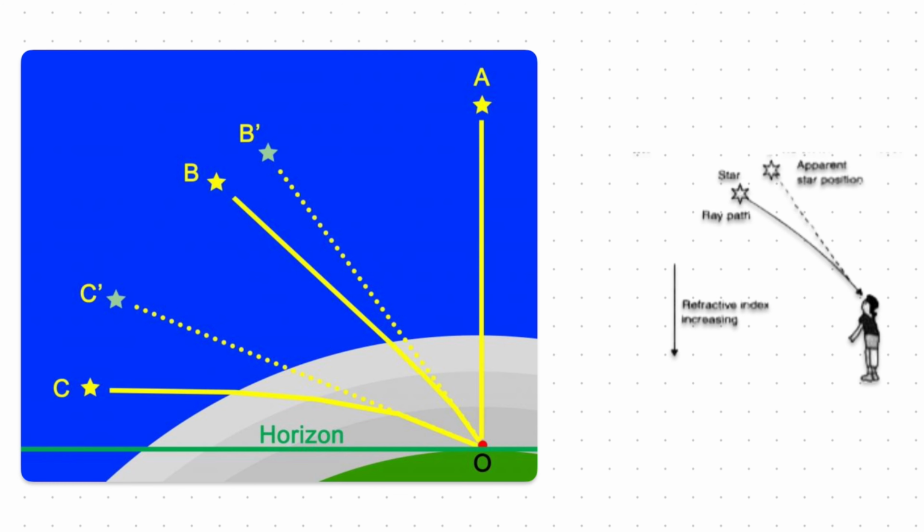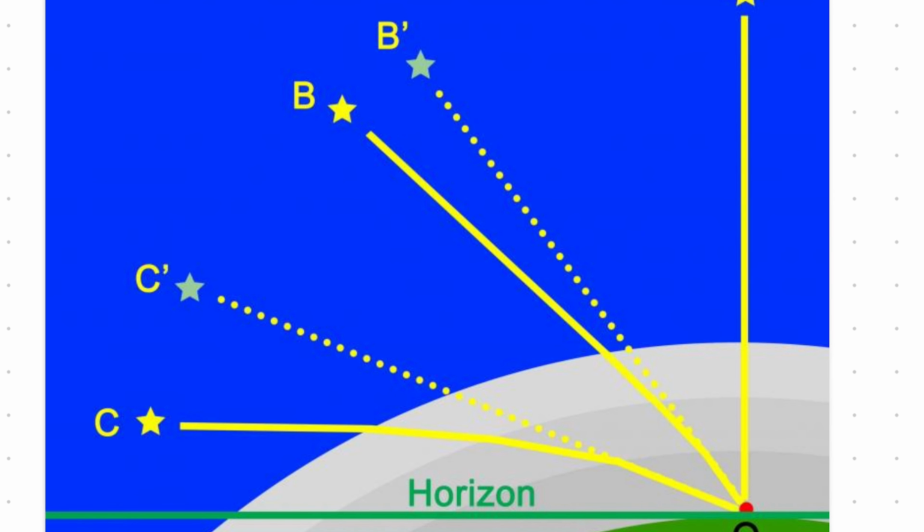Means when light comes from a star or any object and reaches our eyes, due to our dense atmosphere it gets bent here, and we see the object somewhere else due to this bending, regardless of the actual position. So we see the object here, but it is actually here.